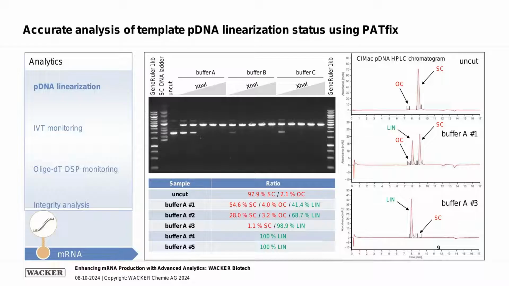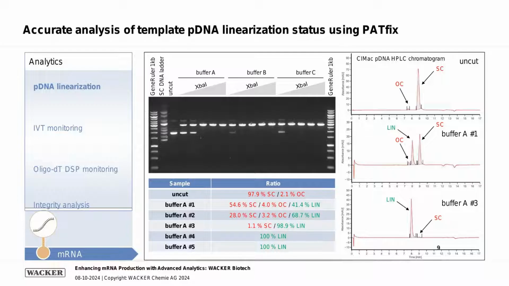First of all, in the uncut samples, it's nice to be capable to separate the open circular form and also the supercoiled form. But with this chromatography, it's even possible to separate the linear form from the circular form. And with this, you can easily quantify the amount of linearization within the reactions.